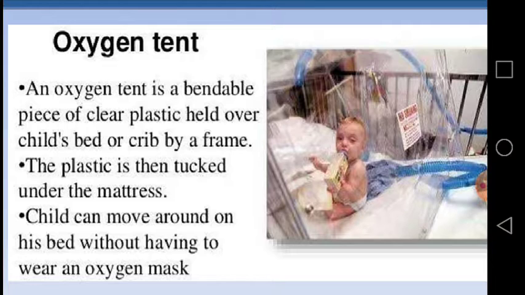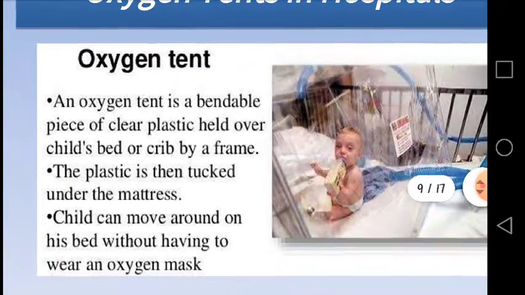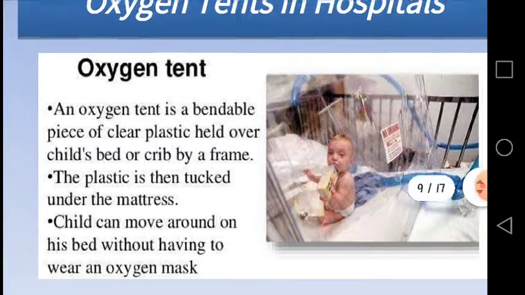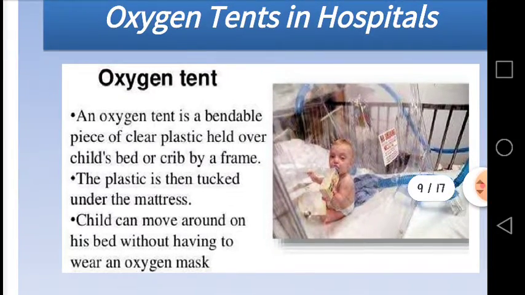The plastic is then tucked under the mattress and the child can move around on the bed without having to wear an oxygen mask. This is called the tent, and it is used in hospitals.